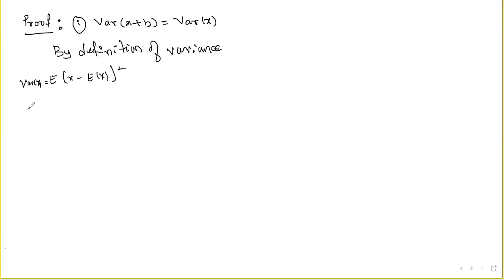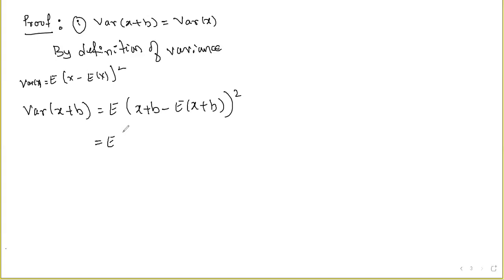So here, instead of x, we have x plus b, right? So for variance of x plus b, the expectation as usual, instead of x we have x plus b, minus, instead of expected value of x, expected value of x plus b. So we just consider the definition of variance.